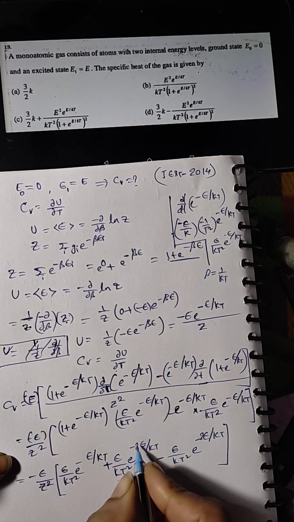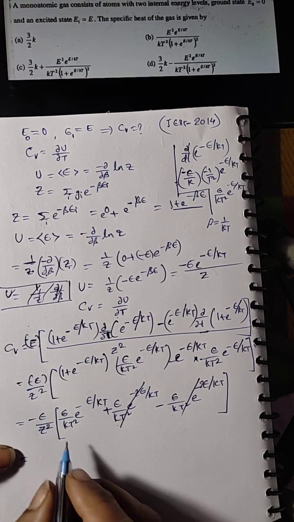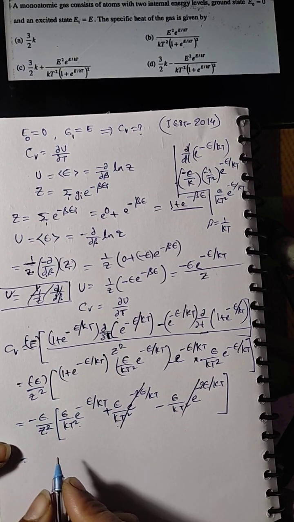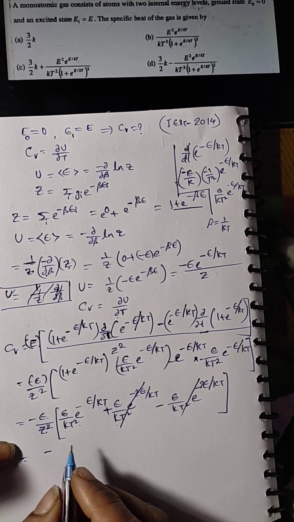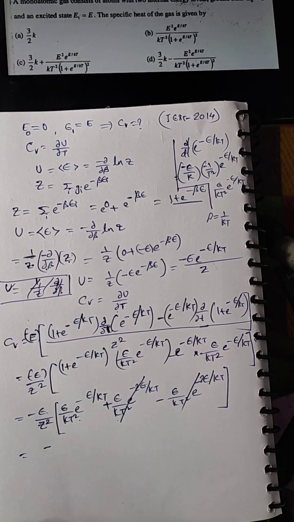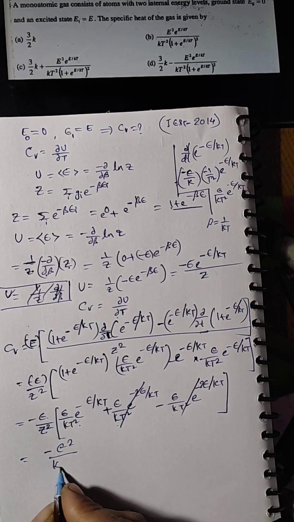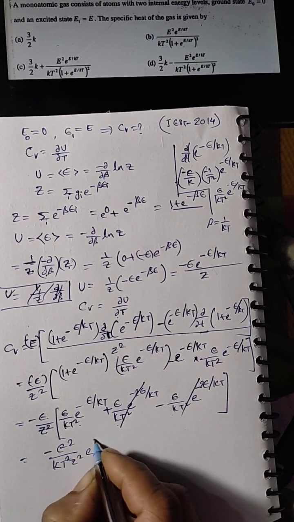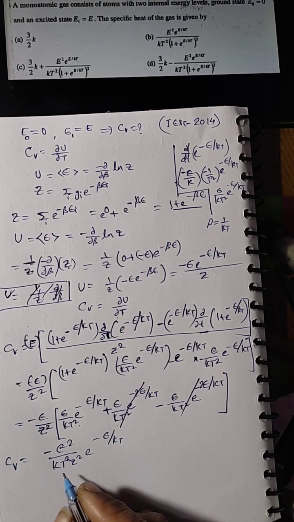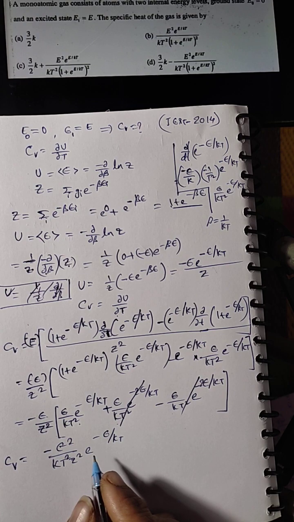Now these two terms are the same, so we can cancel them out, so this will become E square by kT square Z square e power minus E by kT. This is Cv.